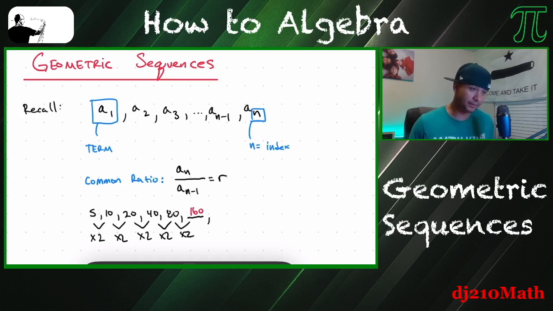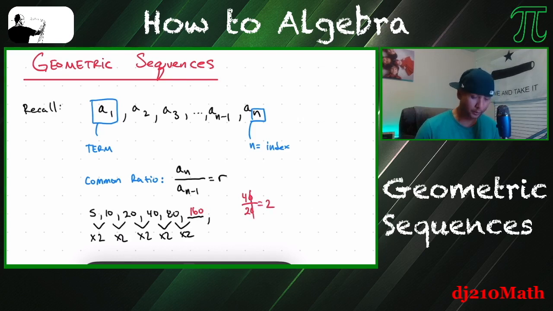All right, so this is a geometric sequence. This one was kind of obvious, right? We can look at it and usually see, okay, it's times 2. But what if it wasn't obvious? Well, then you take any term. So I'll just grab a term, let's say 40 divided by the term before it.